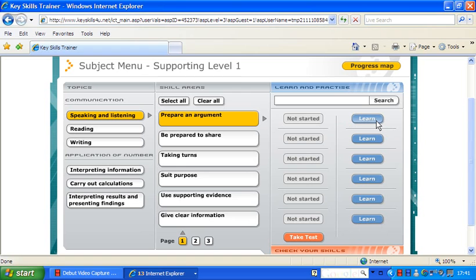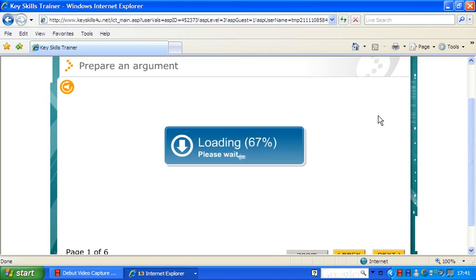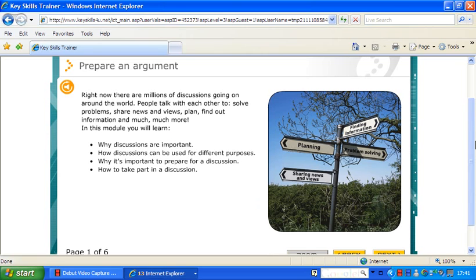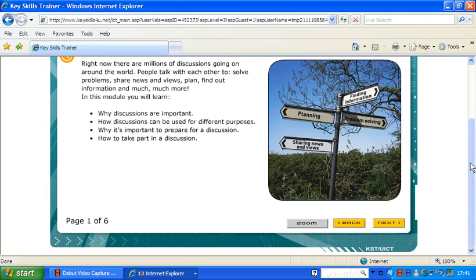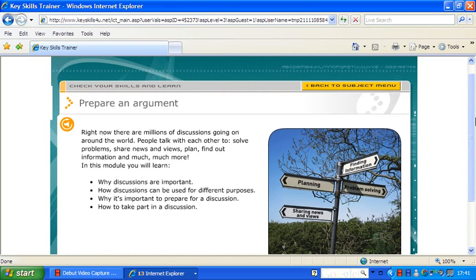They then have to click the Learn section, which will take them to a step-by-step guide of how to complete and learn the skills needed for preparing an argument.